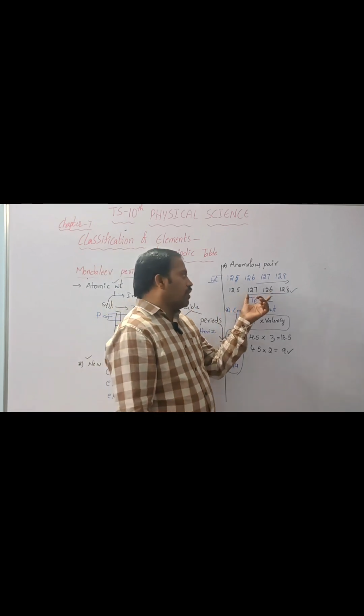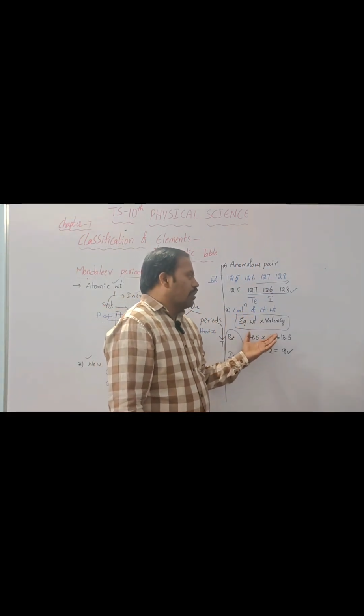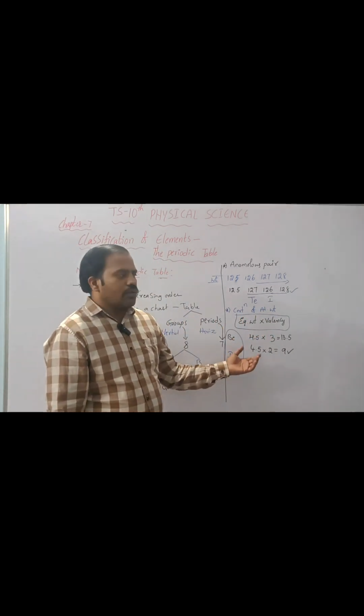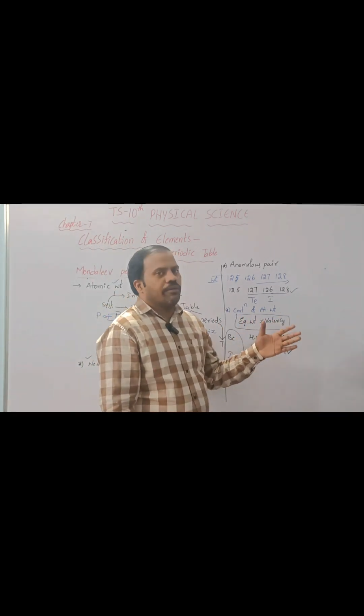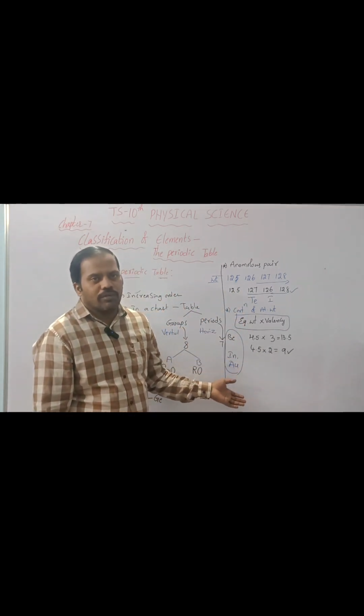This kind of pair we call an anomalous pair. And corrected atomic weights: beryllium, indium and gold. What formula did he use? Equivalent weight into valency. So these are all the achievements of Mendeleev's classification.